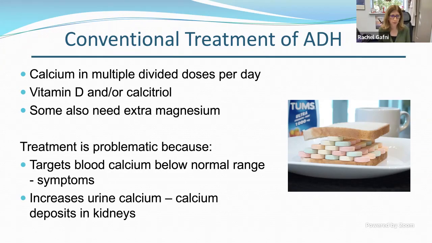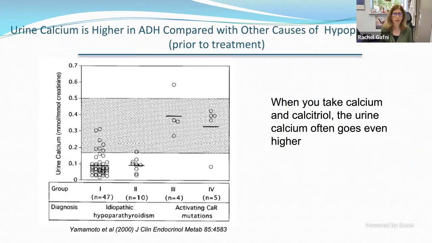Treatment increases the urine calcium, which can result in calcium deposits in the kidney. Dr. Rosczko just described this exact same graph in detail, so I'm not going to go over it again. But the bottom line is when you have ADH or other types of hypoparathyroidism, when you take calcium and calcitriol, the urine calcium goes even higher.